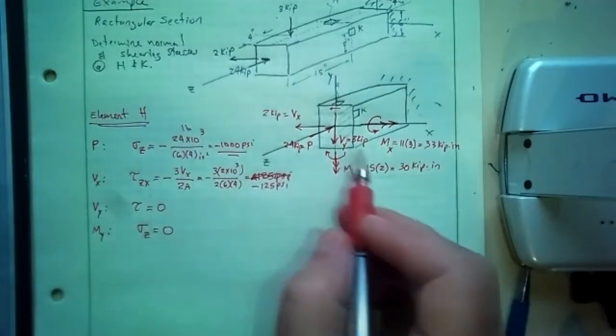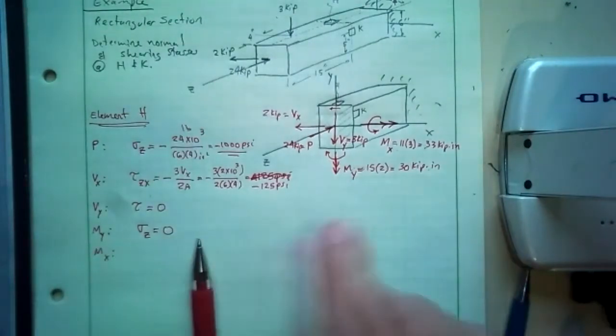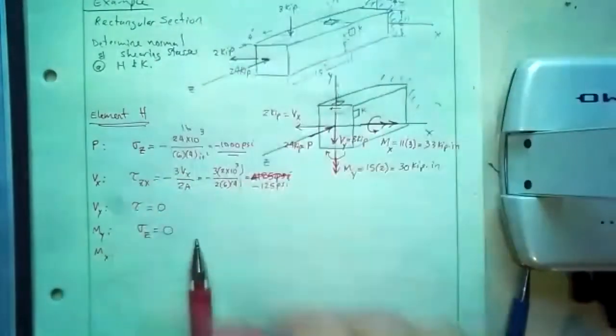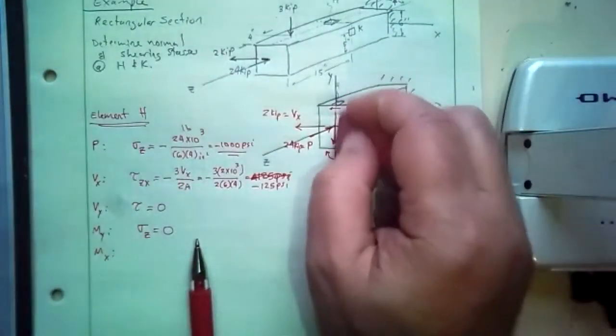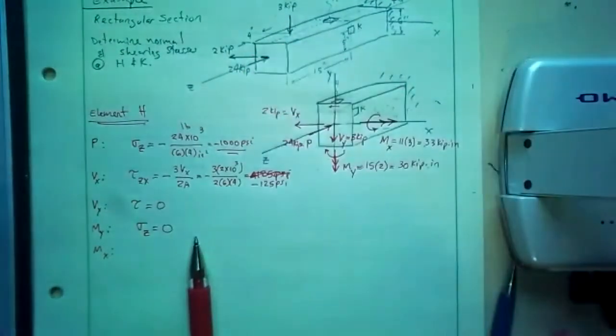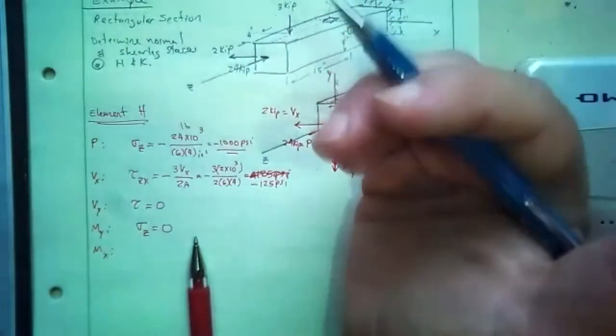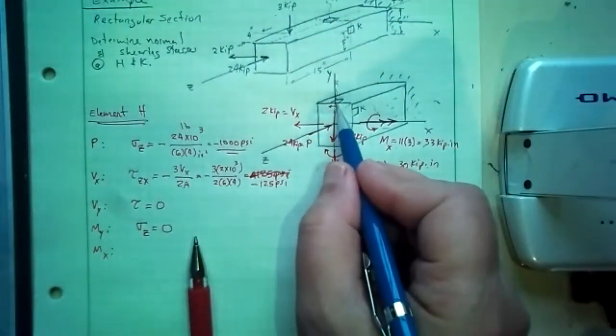Next, the only thing left is Mx. Due to Mx, the top will be in tension, and this is the furthest away, so that will have the maximum.